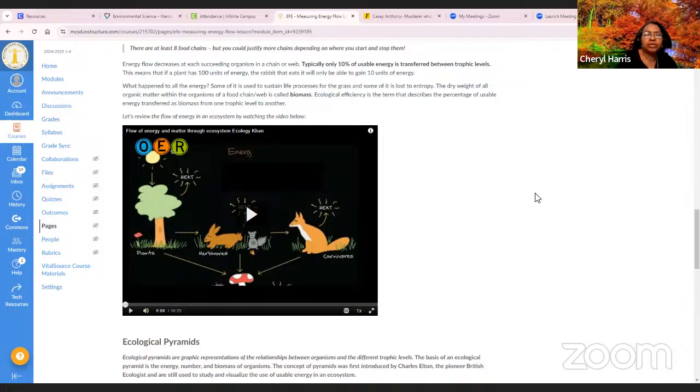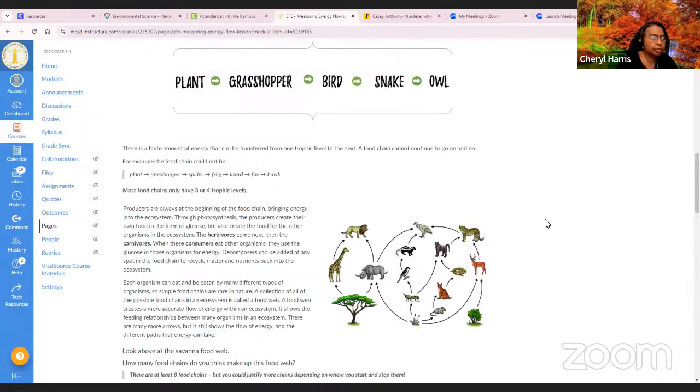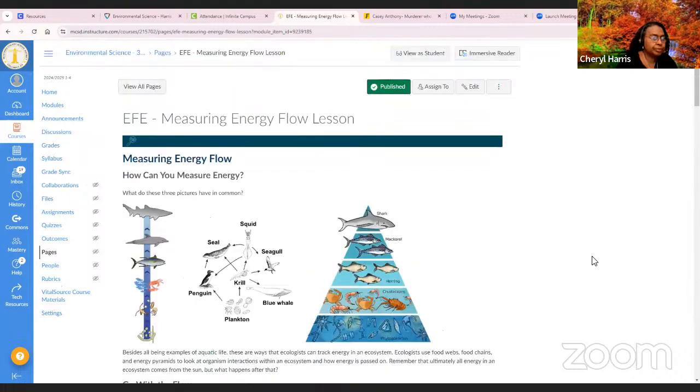There's a couple of things that need to, and again, it's the measuring energy flow.